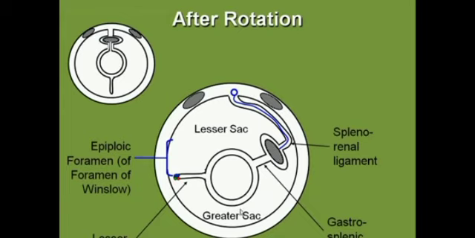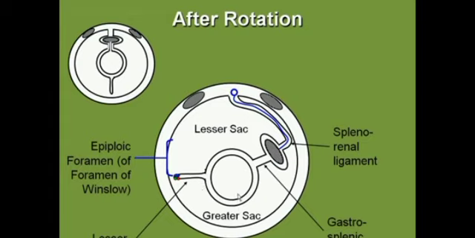And as a result of being in two different parts of the peritoneal cavity, they can spread into different regions of the peritoneal cavity, presenting two very different clinical presentations in terms of the localization of the pain.